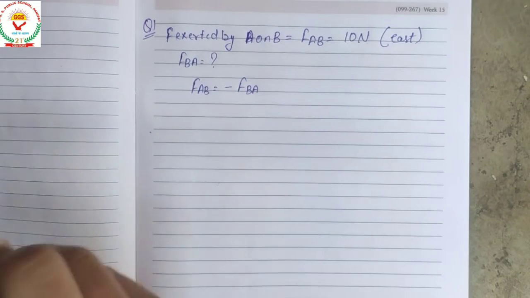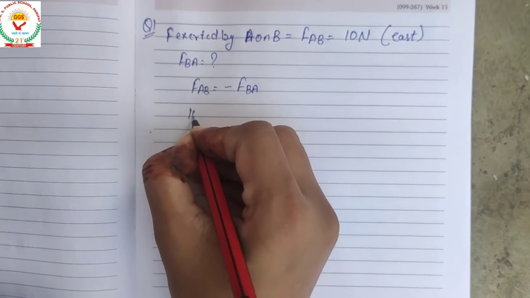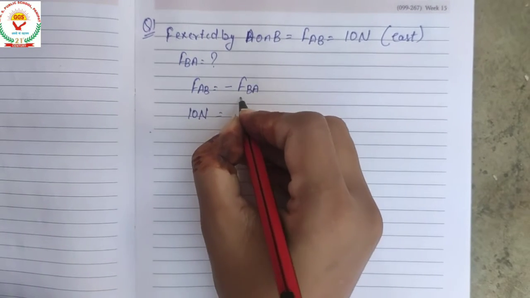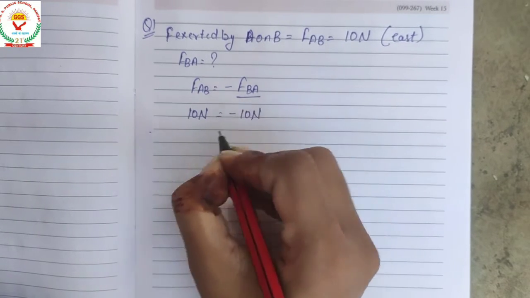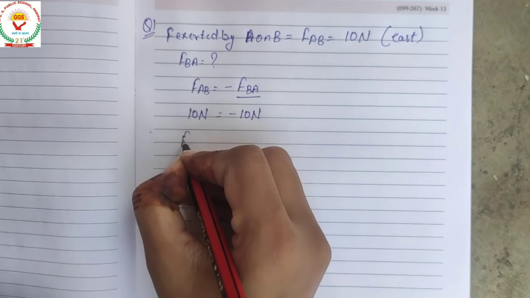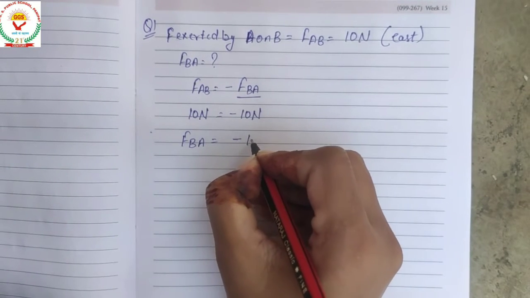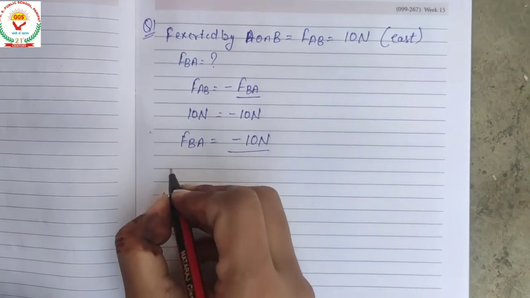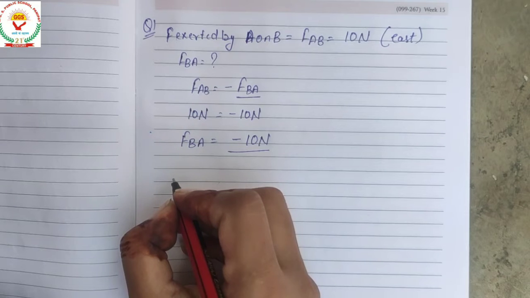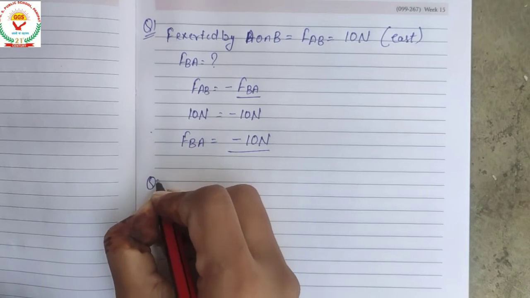So if FAB is 10 Newton, FBA will also be 10 Newton but in the opposite direction. So FBA is equal to minus 10 Newton. This is the force which is exerted by B on A. Okay, let's do the second question.